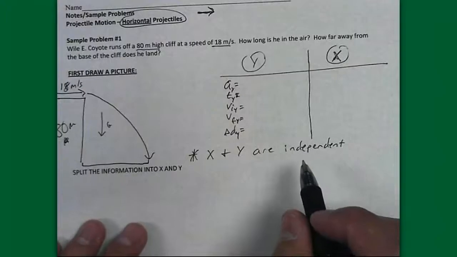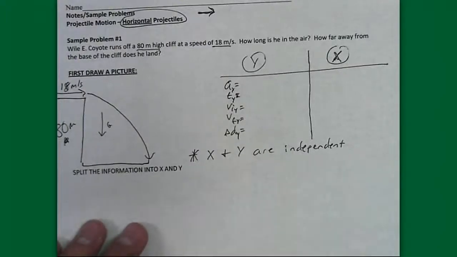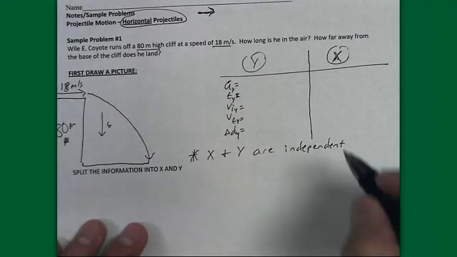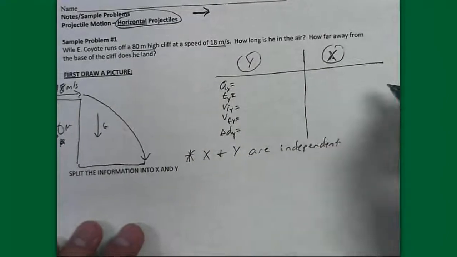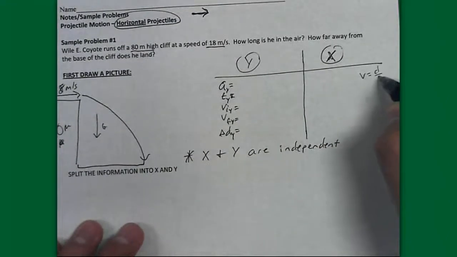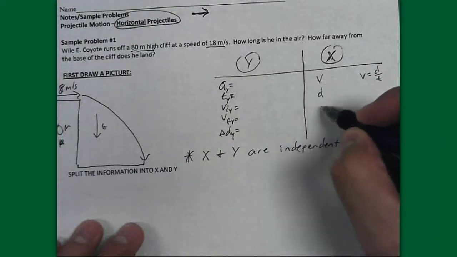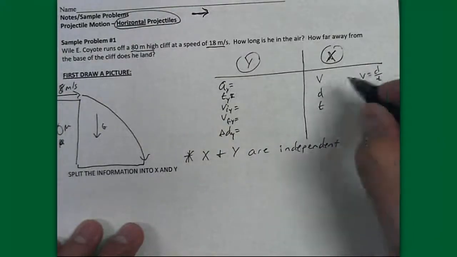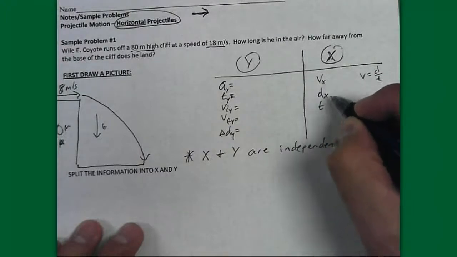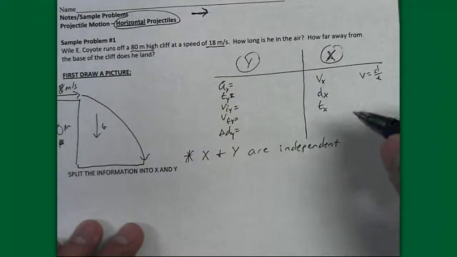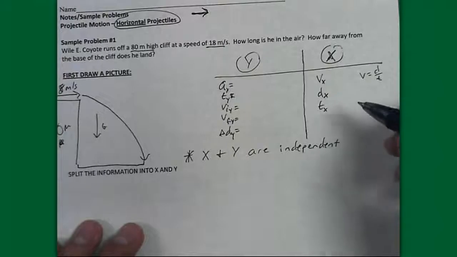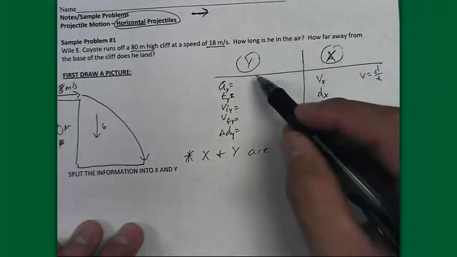We have constant velocity going on in the x direction. And if we have constant velocity, hopefully you'll remember that we solve those problems using the equation v equals d over t. So all of our variables on the x side are v, d, and t, only three of them. And I am going to make a subscript x on all of these to tell myself that they're in the x direction. Remember, x motion does not affect the y motion.